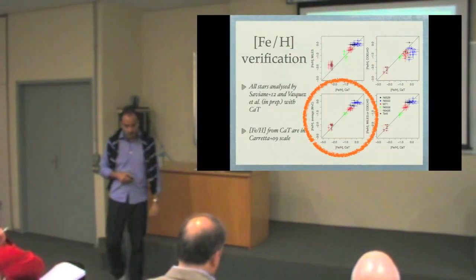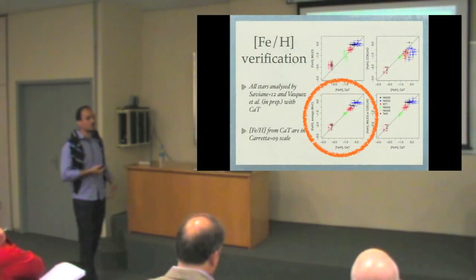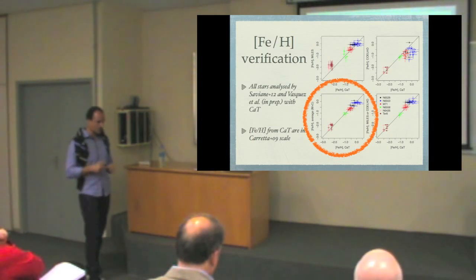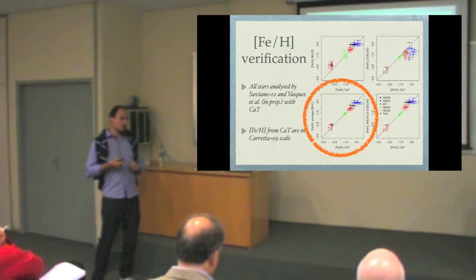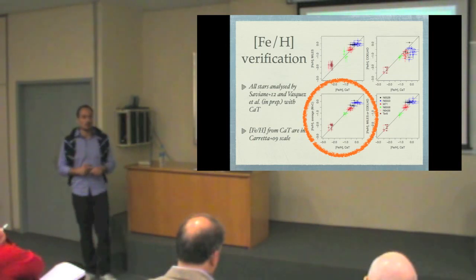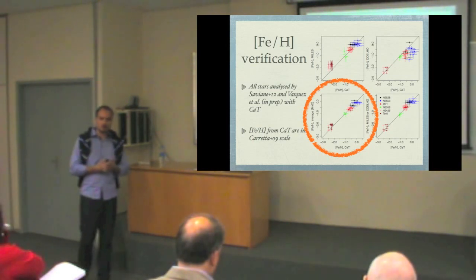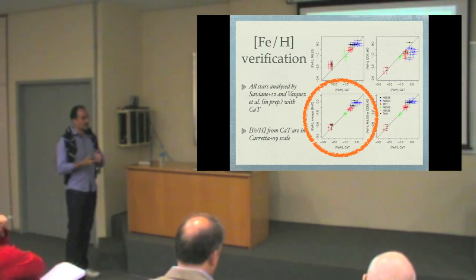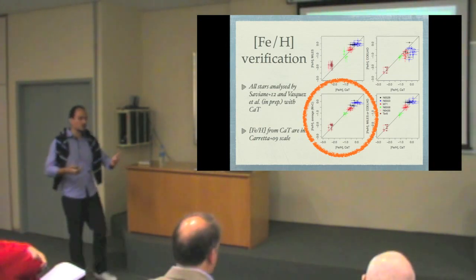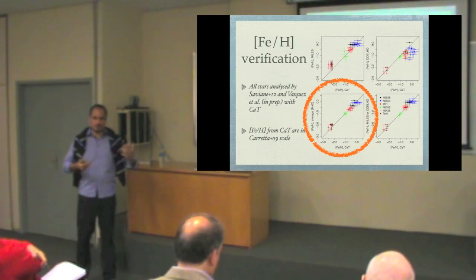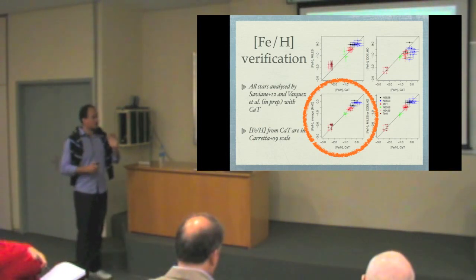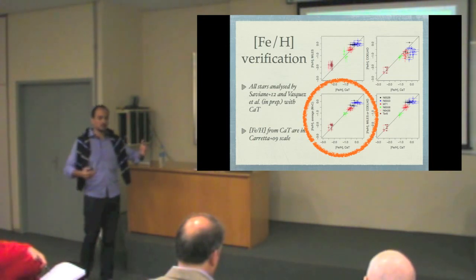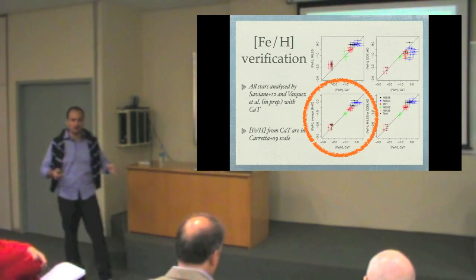For metallicity, we use another work as comparison values. As I mentioned, all stars analyzed here were also observed in the calcium triplet region. Calcium is an alpha element, and there are many limitations to deriving metallicity from that, but the results were scaled to a high resolution spectroscopy metallicity scale.